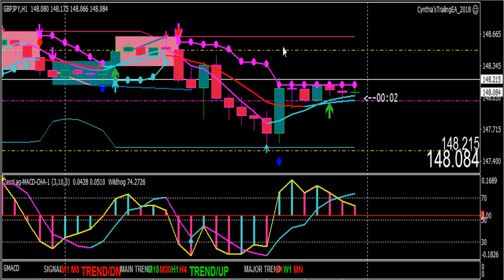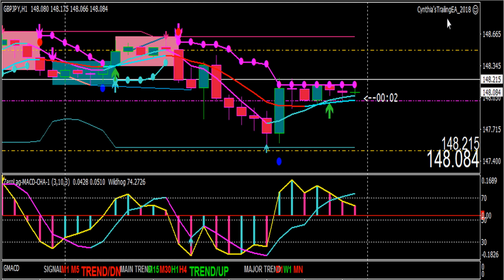However, I like to use my trailing EA, and you can adjust the presets as you like, but I have quick scalp, day trade, swing trade, super swing trade. So you can use the trailing EA, which has a feature that it will book half of your lot at a certain point, however many pips you tell it to.